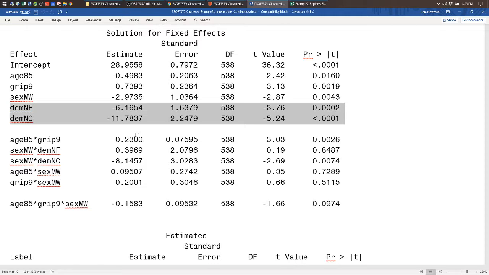We know that grip is also not conditional on dementia group for that same reason. Gender is the most conditional because it's involved in interaction with every single other predictor. Dementia group is only involved in an interaction with gender. So these are dementia group differences for men, but they would be expected to be the same regardless of age, regardless of grip strength.